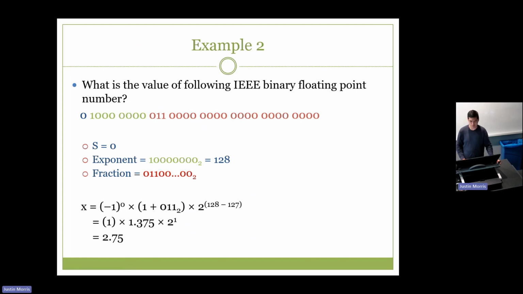We get 2.75. Because we have 1.011, we shift the decimal over by 1. So this is 2, 1, 0, right? And then 1, 1 is 0.5 plus 0.25, 0.75. So 2.75.